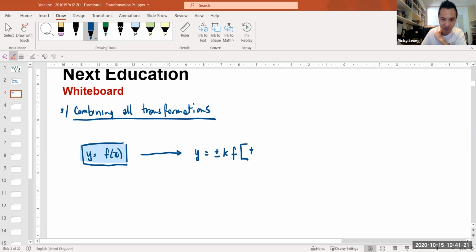There's another plus minus here, and if it's plus minus inside the function, that is horizontal reflection, or reflection about the y-axis. And then I'm going to put 1 on a in front of x minus b, and then at the end there, plus c.